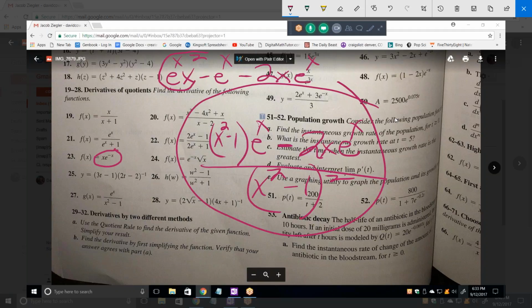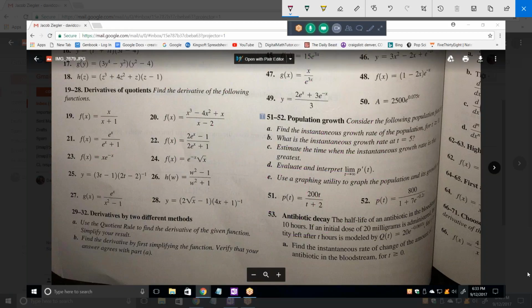Well, I got a 2x e to the x, but that's not 2x, that's x squared. So I could factor out an x, but that doesn't really do me any good either. So my general rule is you don't factor just because you can. You factor only if it allows you to simplify further. And that's really not going to allow me to simplify further.